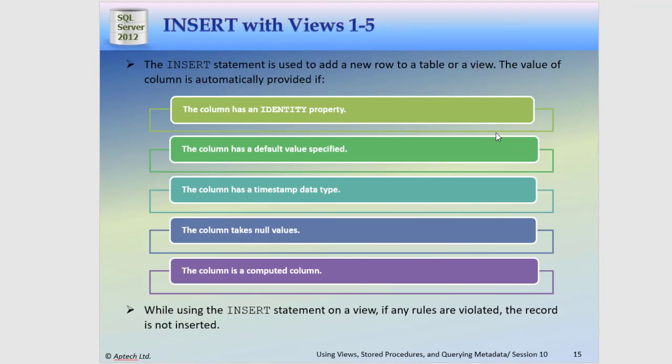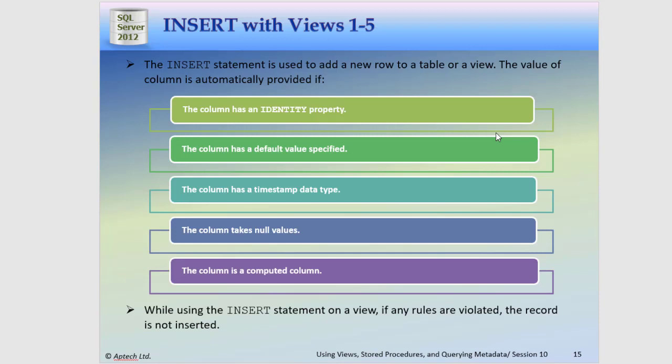Inserting with views. Now the insert statement is used to add new rows to a table or a view, and the value of the column is automatically provided. You remember these conditions, we talked about them in session 7 when we covered tables. If the column has an identity property, the column has a default value specified, the column has a timestamp data type, the column takes null values, the column is a computed column.